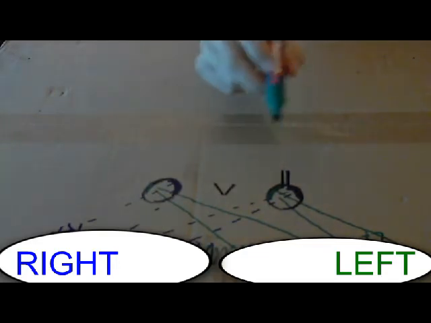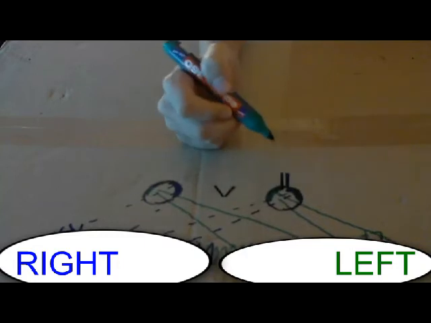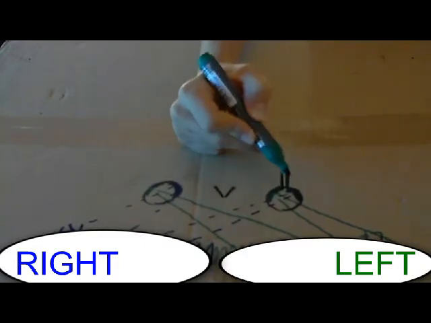So we now have nasal part of your retina going along nasal fibers, which are green, and temporal part of your retina going through temporal fibers, which are blue. And on the other side, it's the exact opposite.